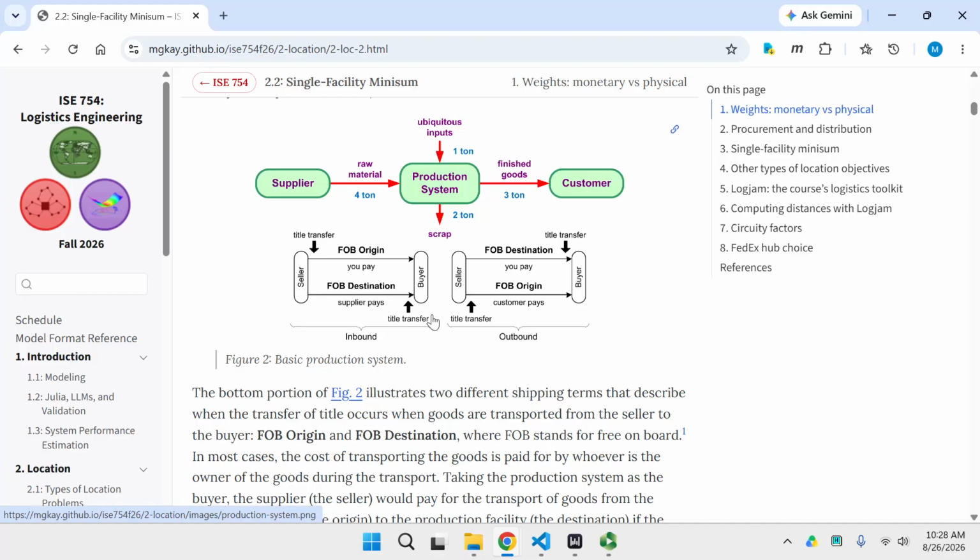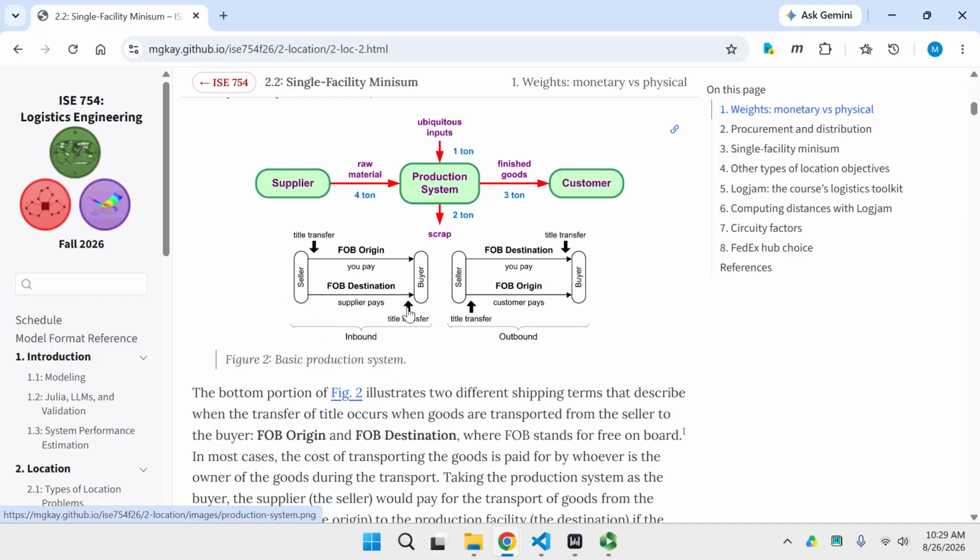The reason the title transfer is important is that, imagine halfway along the trip, the truck gets into an accident. Everything on board is destroyed, goes up in flames. Who's responsible for the loss? Well, in the case of free on board origin, the buyer would be out of luck, since they've already paid for the product, so they have no recourse with the seller.